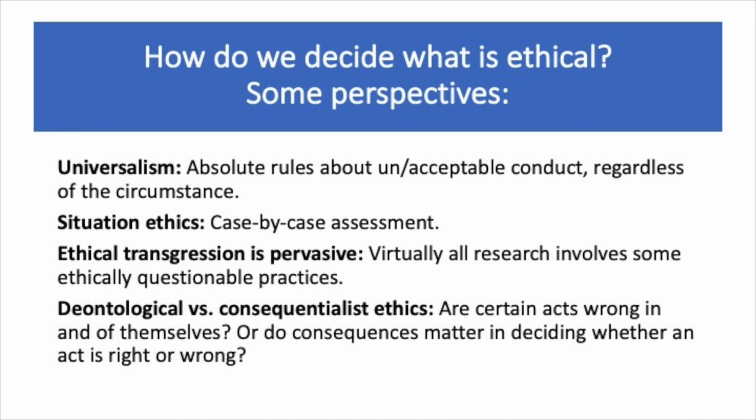And then finally, this is a little bit different, but perhaps we want to consider whether certain acts are wrong in and of themselves, regardless of the outcome, or maybe we're going to focus more on the consequences, and we think those matter in deciding whether something is right or wrong. This contrast is comparing deontological and consequentialist ethics.